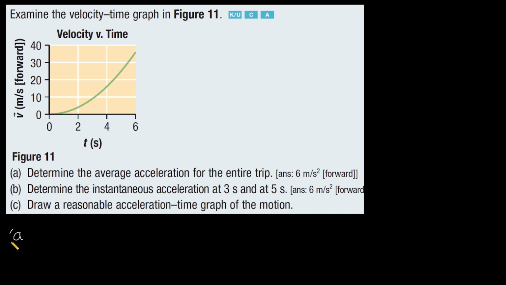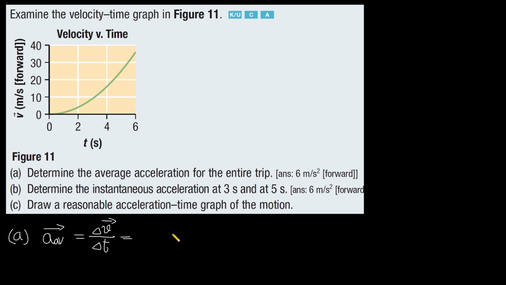Now A. The average acceleration equals the change of the velocity divided by the time interval for the change.